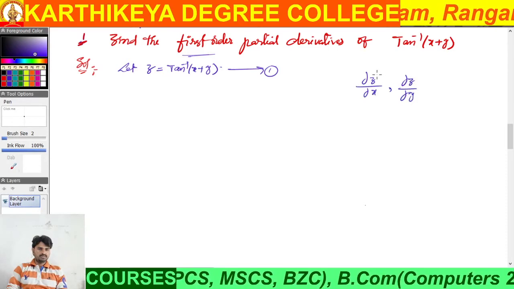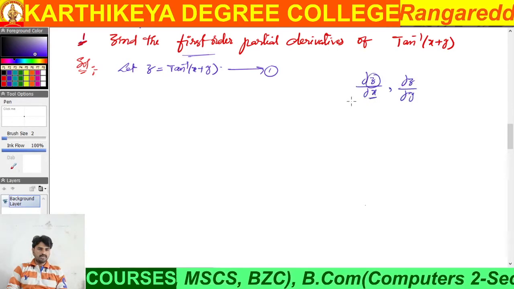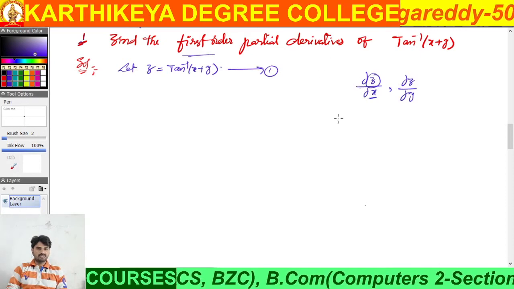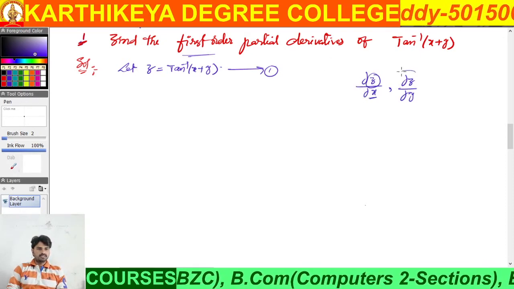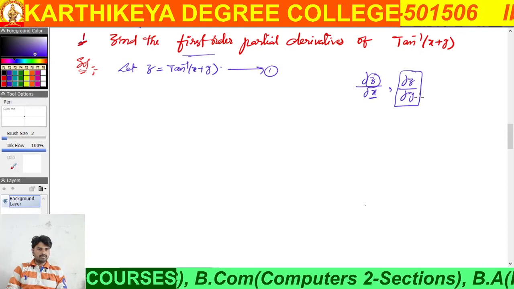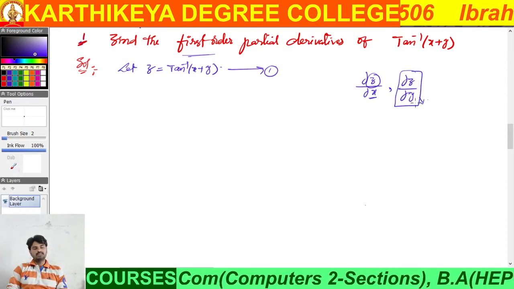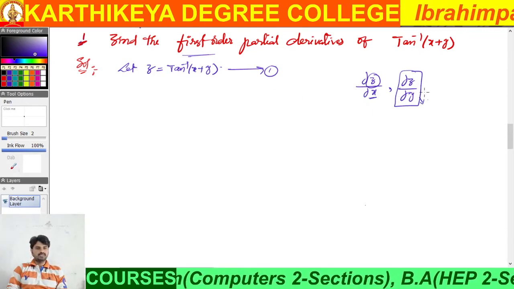So z differentiated one time with respect to x is one first order partial derivative. Next, the derivative of z with respect to y gives the other first order partial derivative, which we have to find here.